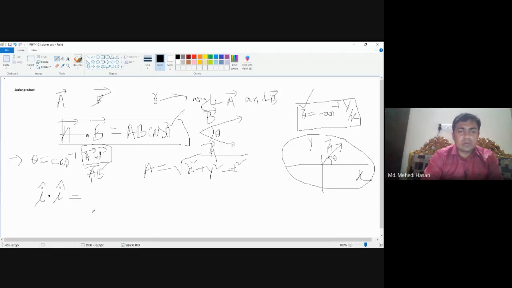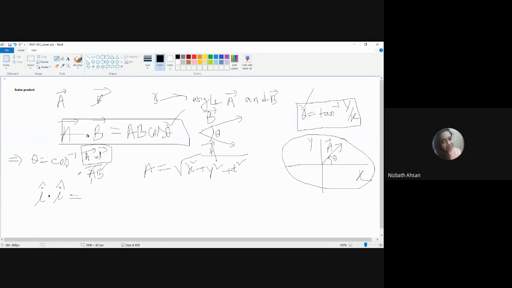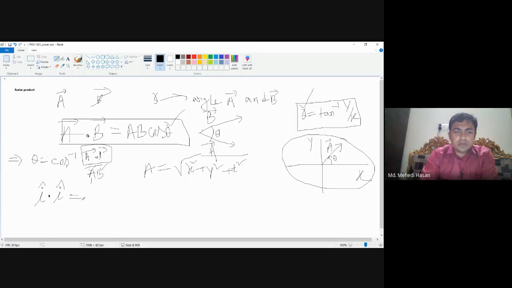What is the magnitude of a unit vector? Anyone? Magnitude of a unit vector? Sir, 1. It's 1. So 1 into 1 into cos theta.